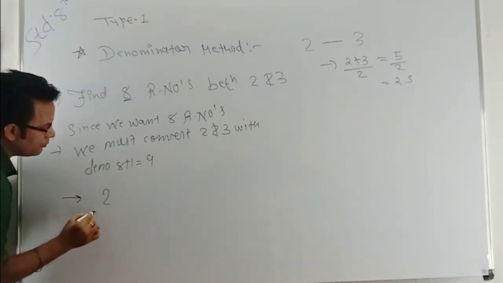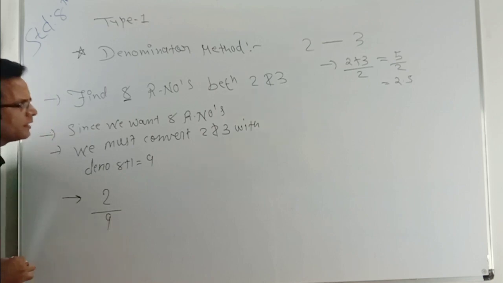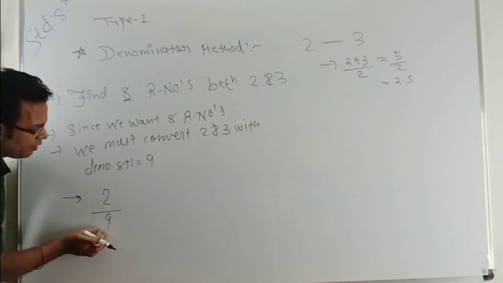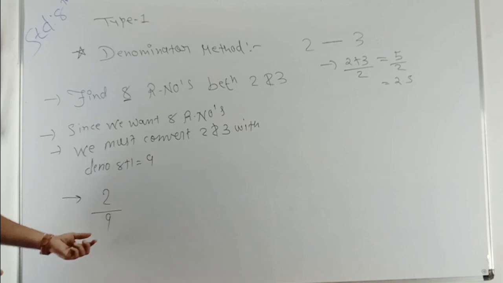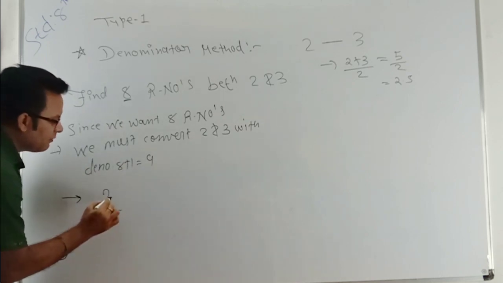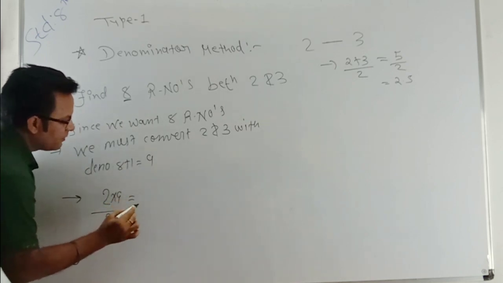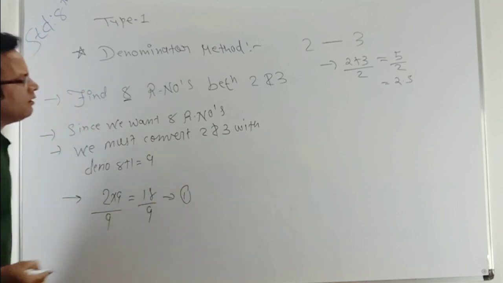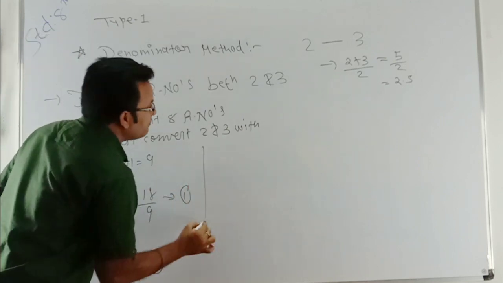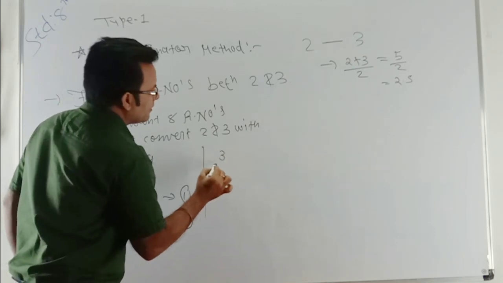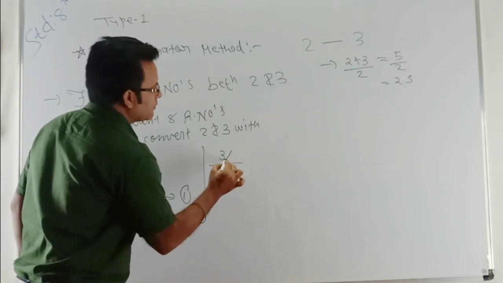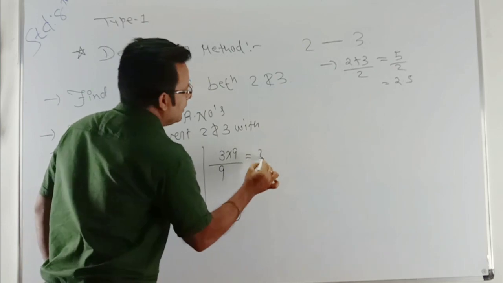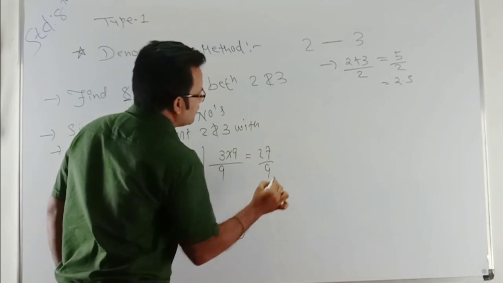So now you change your number. First one is 2, 2 upon 9. See, in denominator method, the number which you are putting down will go up. So this fraction will be 18 upon 9. Fraction number 1. Same way, 3 upon 9, so 3 into 9, 27 upon 9.